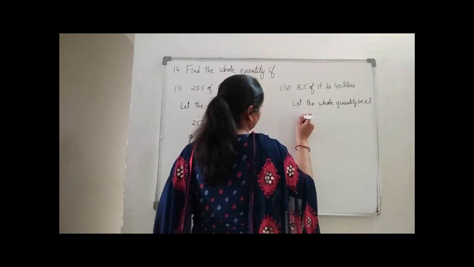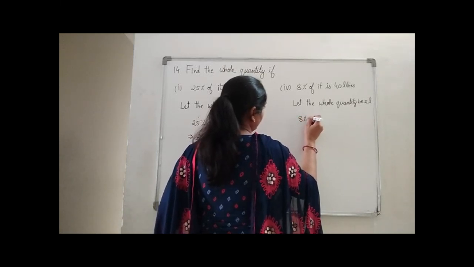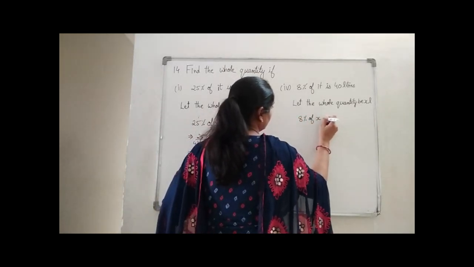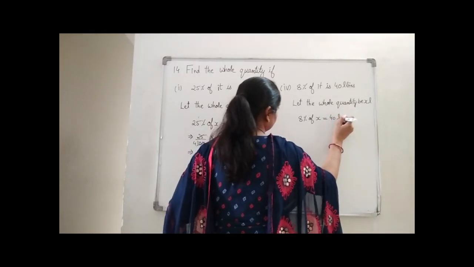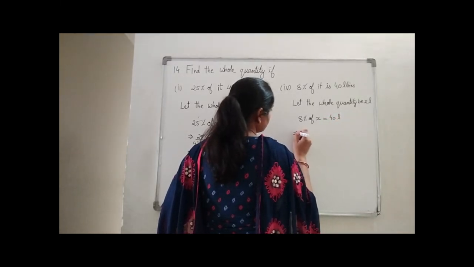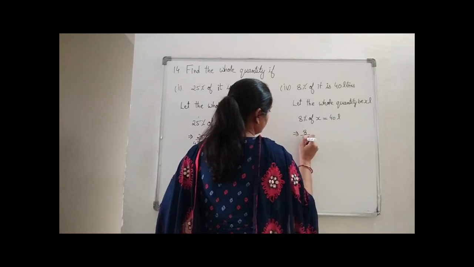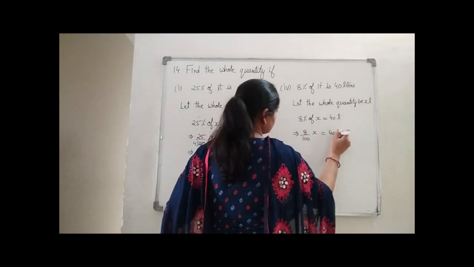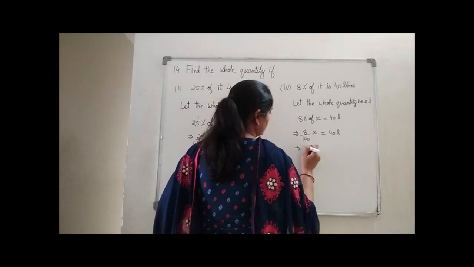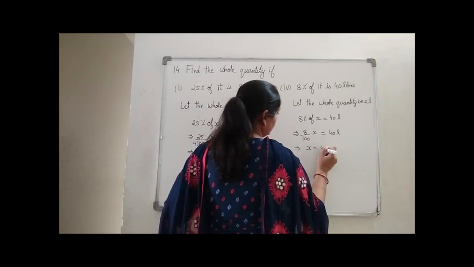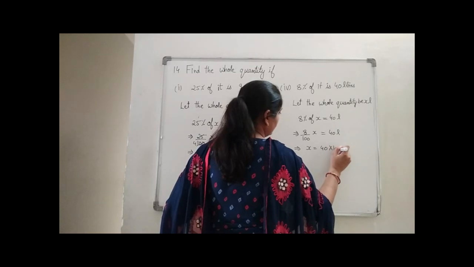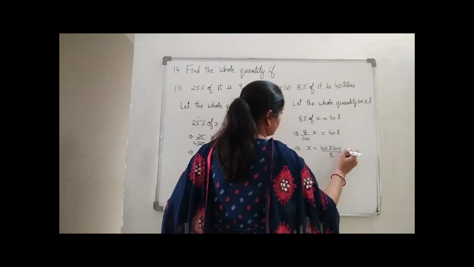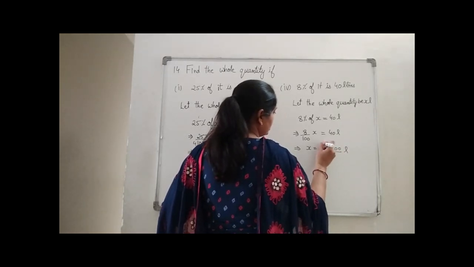So according to the question, 8% of x is 40 liters, right? Which implies 8 upon 100 of x is 40 liters, which implies x will be equal to 40 multiplied by 100 and divided by 8 liters. 8 5s are 40.